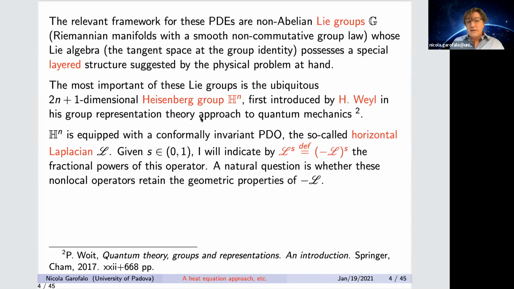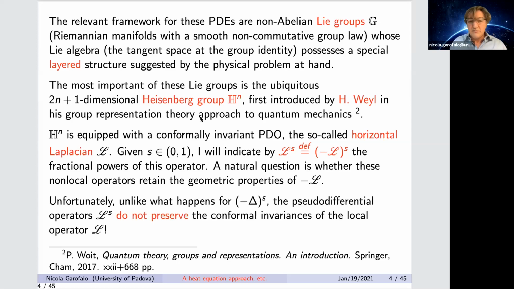This Heisenberg group is equipped with a conformally invariant partial differential operator of order 2, which is known as the horizontal Laplacian. And I will be particularly interested in fractional powers of these operators.